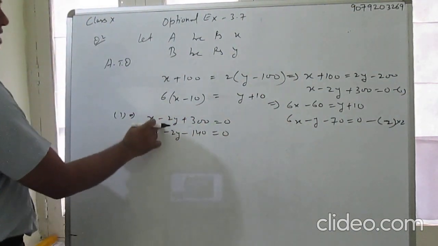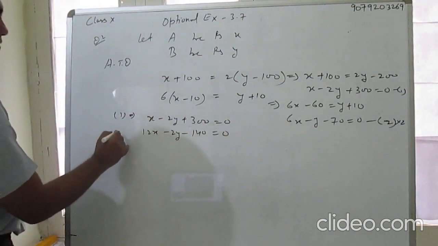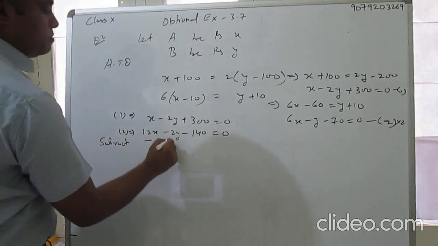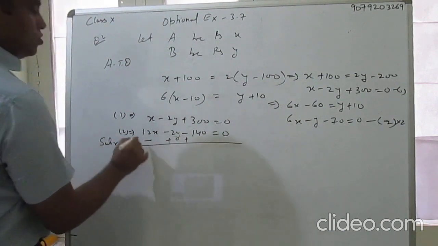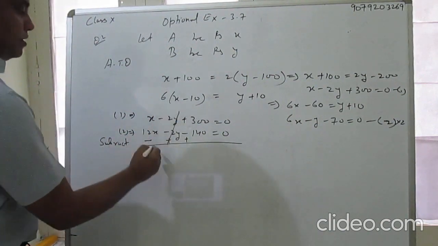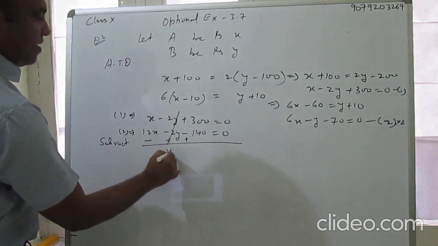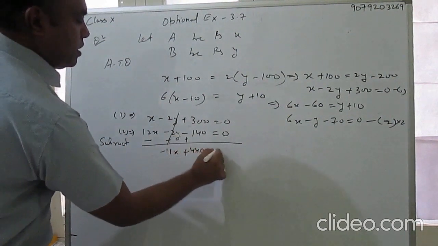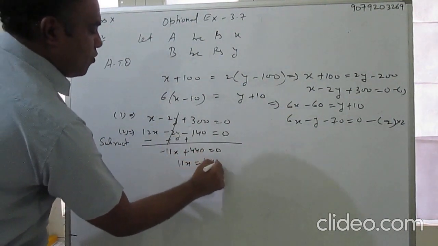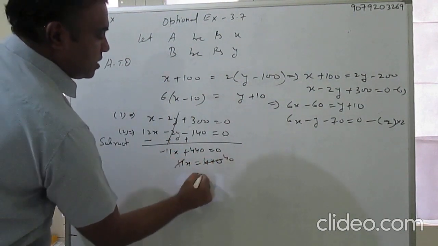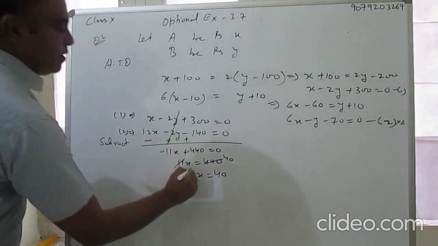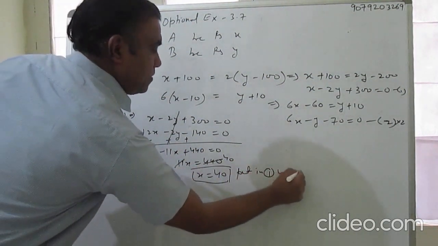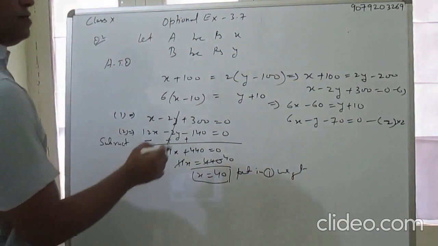Now see, the signs are the same, so we will subtract. Minus, plus, plus. So it becomes minus 11x and plus 440 is equal to 0. 11x is equal to 440, x is equal to 40. Now put it in equation 1.